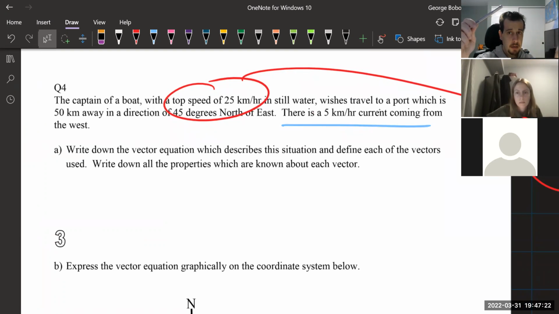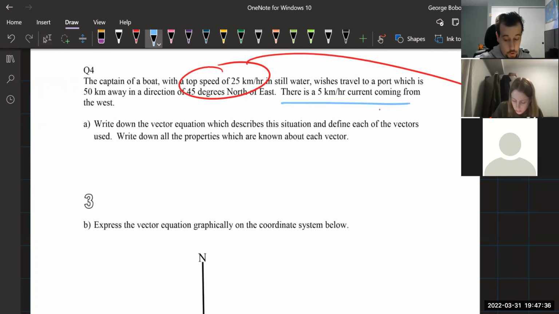If the current is moving at 5 kilometers per hour, let's say, when would the water appear still for you? This is hard, so I'm going to help you a little bit more.